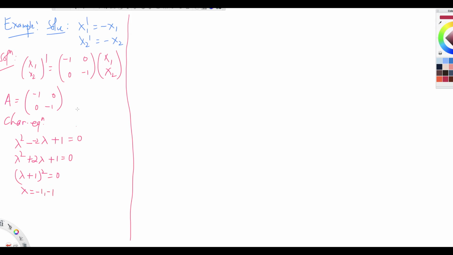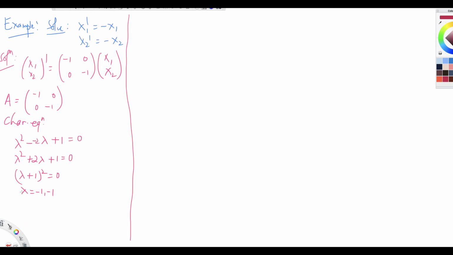They are repeated. See, in the case of a diagonal matrix, the eigenvalues are those diagonal elements, if all other elements are 0. Okay, so we got two repeated eigenvalues, negative 1 and negative 1. Since this matrix is diagonal, we will get two independent eigenvectors.